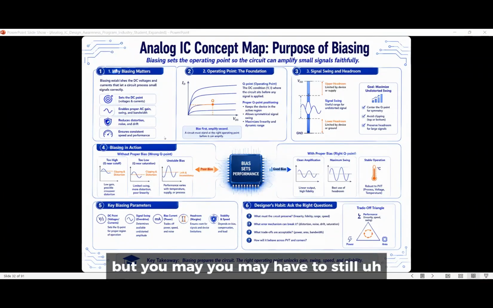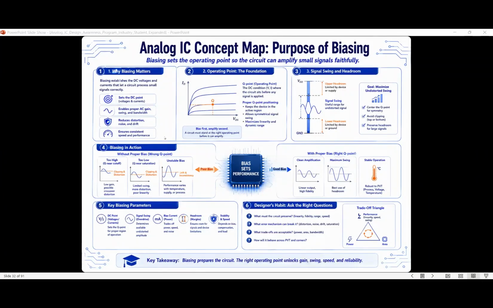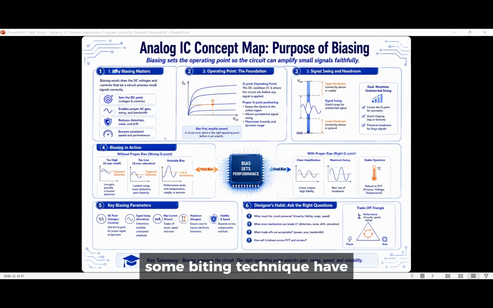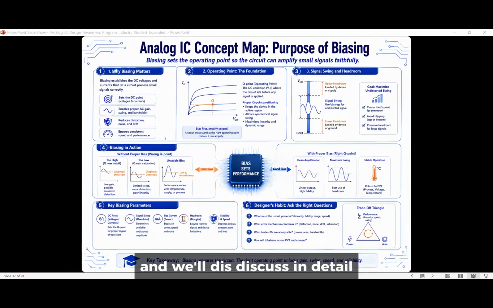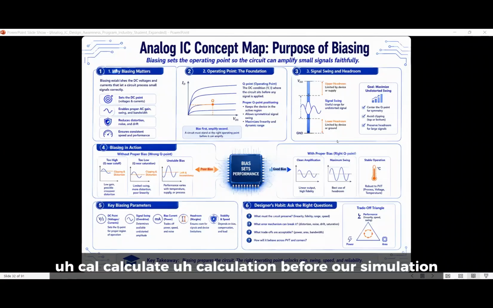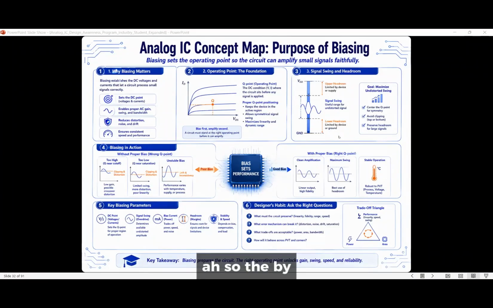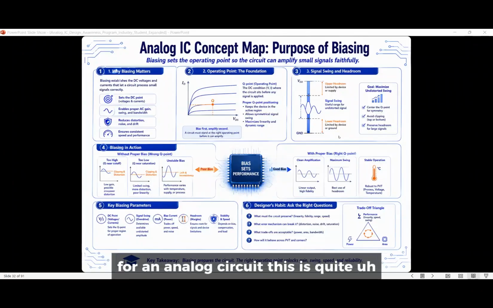But it may have to stack multiple transistors. Some biasing techniques may have higher noise or lower noise, and we'll discuss in detail, and we will do some calculation before our simulation.